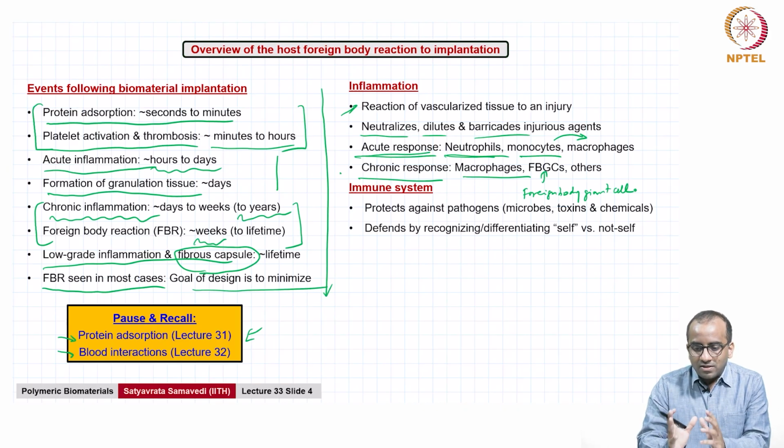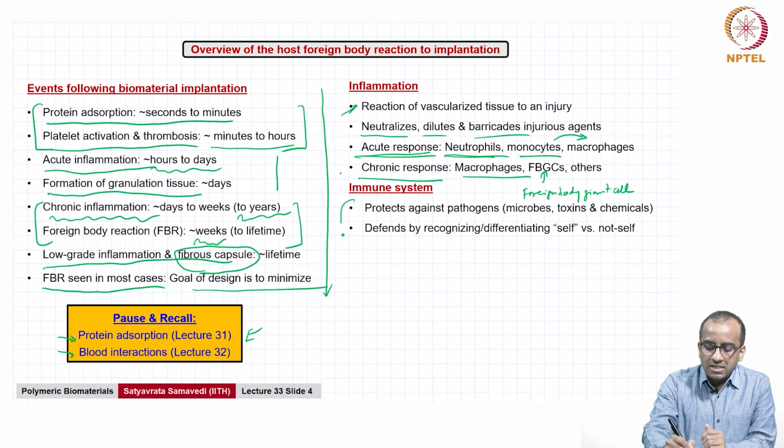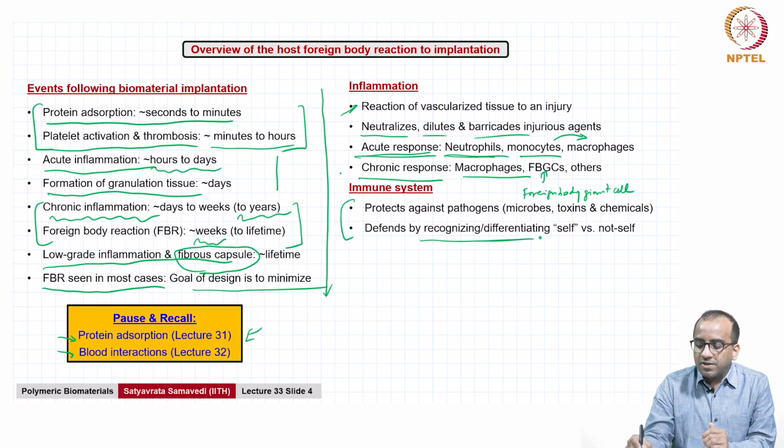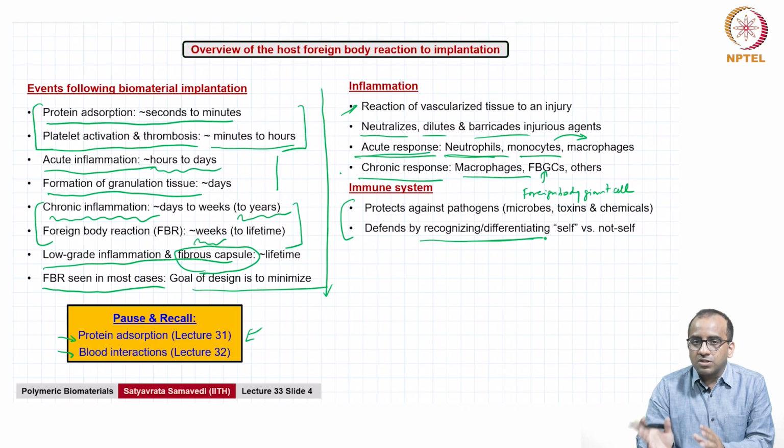So, that being said, the immune system largely is designed to protect against pathogens. This could be microbes, toxins, chemicals, implanted materials, foreign objects, etc. And one way the immune system, particularly the adaptive immune system, recognizes materials is by differentiating self versus non-self.